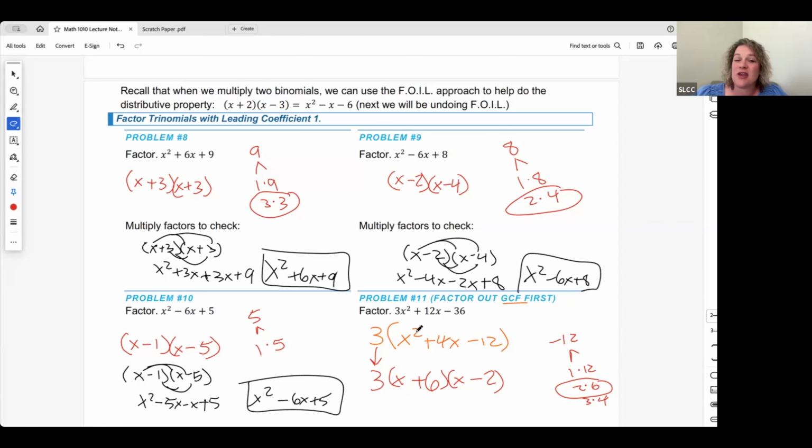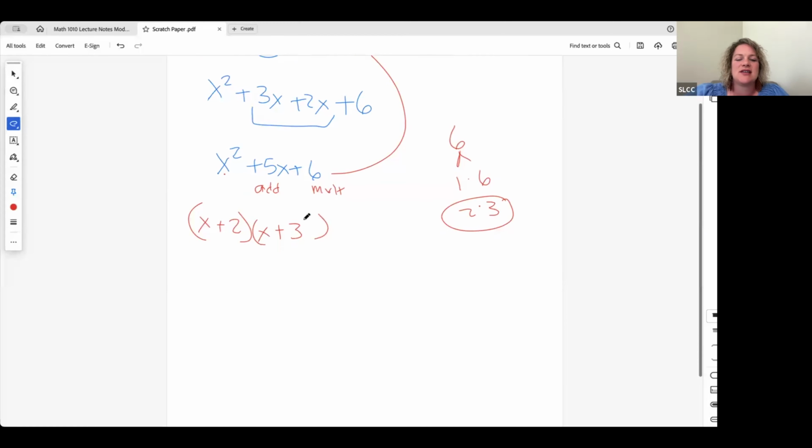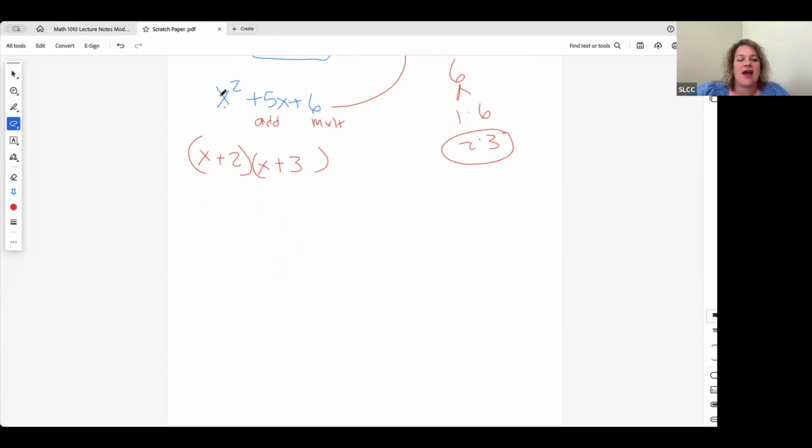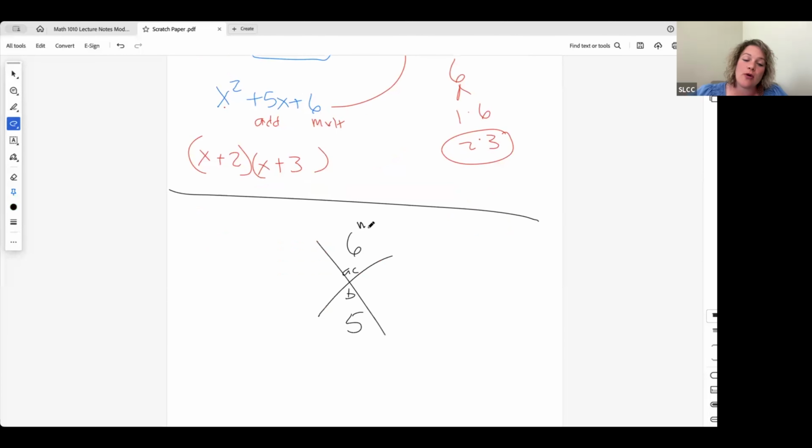There's another way to think about factoring these trinomials with a coefficient of 1 called the x method. So let's look at that. What if I were trying to factor x squared plus 5x plus 6? I could use the x method, where you put AC over B. AC would be 6, B would be 5, and you think about 2 numbers that multiply to give you 6 and add to give you 5.